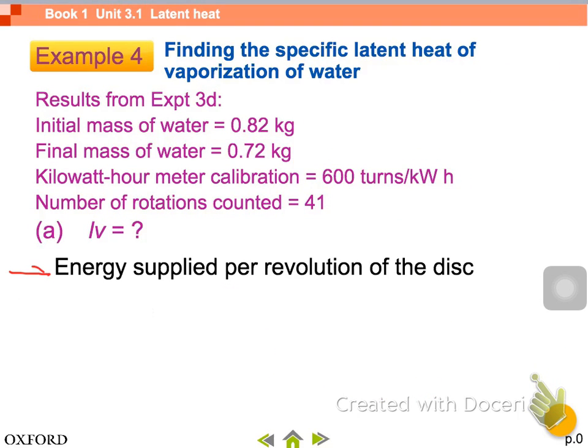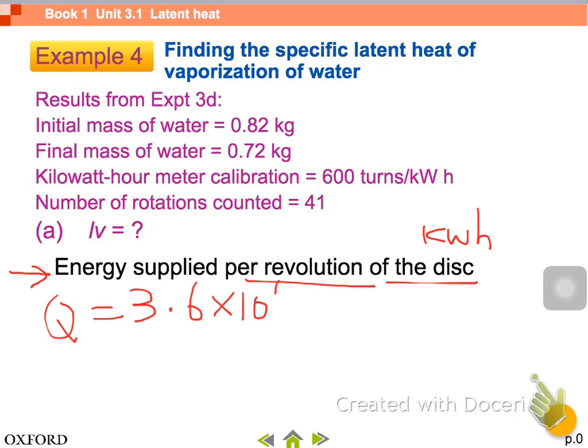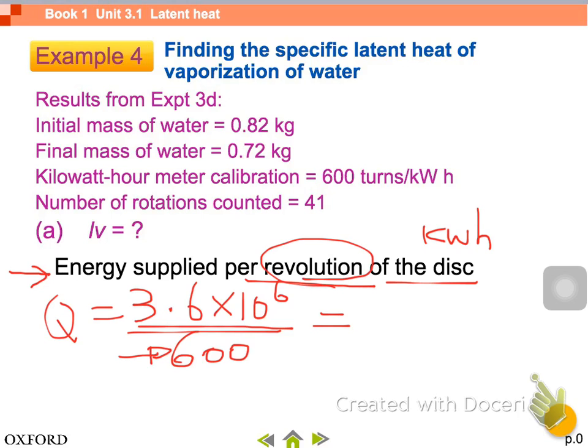The energy given out for each turn of the disc of the kilovolt hour meter should be equal to 3.6 times 10 to the power 6 over 600, because 600 turns is equivalent to such a large amount of energy given out. So the energy for each turn should be 6,000 joule.